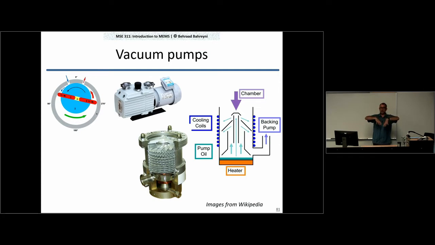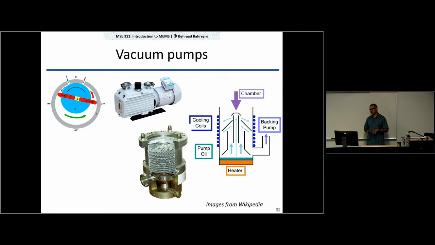As it was coming down, it would grab onto some of the gas molecules and bring them down to the bottom of the pump with itself. At the bottom of the pump, you had a heater where if you heated the oil, the gas that was absorbed inside the oil would release, and it would be captured by a roughing pump and sent out to the exhaust.